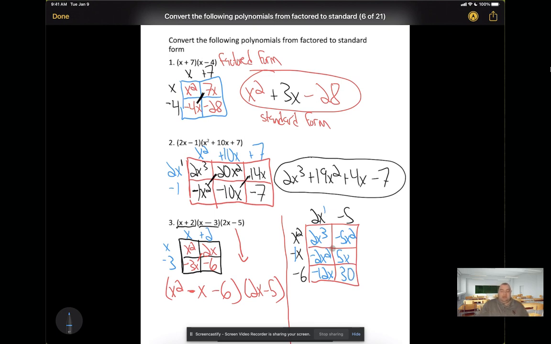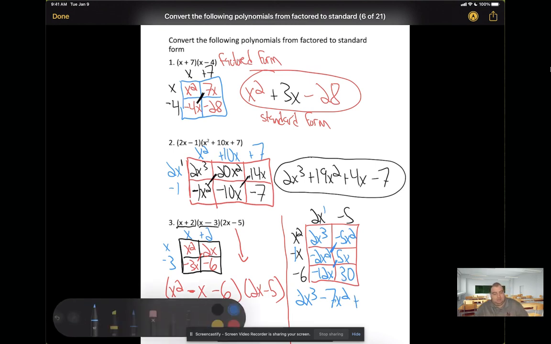So when I write out my answer, I'm going to have 2x cubed. And then this diagonal is going to be negative 5 and negative 2x squared. So that's going to be a negative 7x squared. This diagonal is going to be a negative 12 and a positive 5x. So a negative 12 and a positive 5x is going to be not a positive.